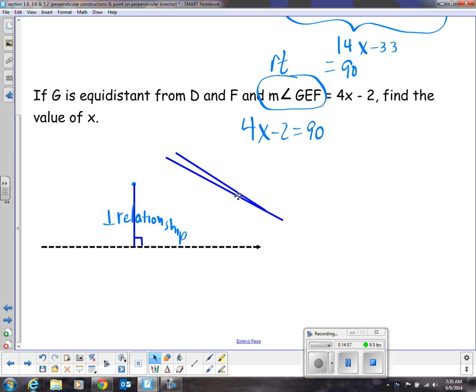Okay, they said, is St. Vincent's Hospital equidistant from Village Kids Nursery and Legacy School? Is this equidistant? So we're looking at this distance and we're looking at that distance. Equidistant means what? Same. Are those the same? No.